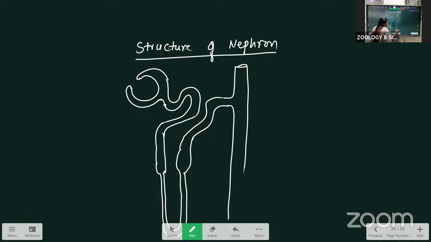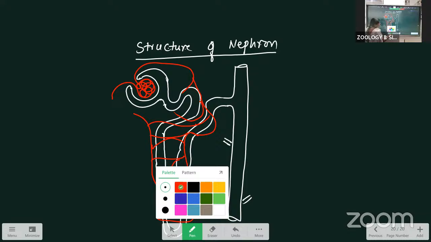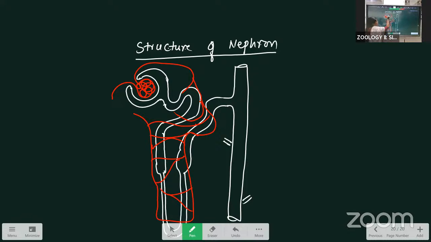This is the structure of the nephron. Now I am going to label it.